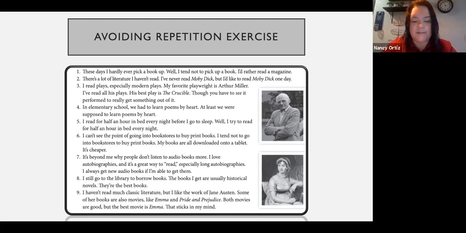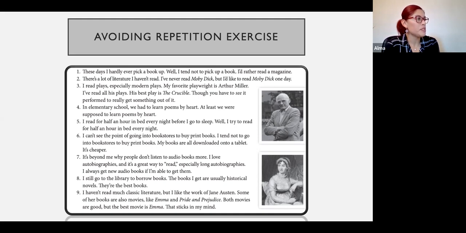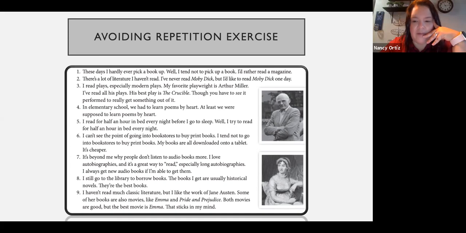Number 3, Alma. Yes, I read plays, especially modern ones. My favorite one is Arthur Miller. I've read all his plays. The best one is The Crucible. So you don't have to see it performed to really get something out of it. Very good. Alma had a lot of words she eliminated to avoid repetition.